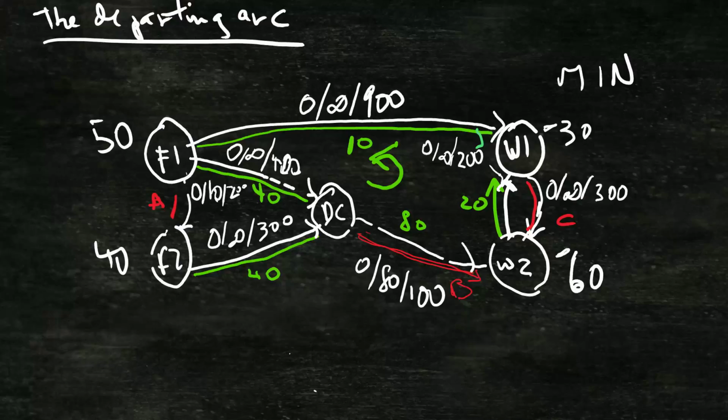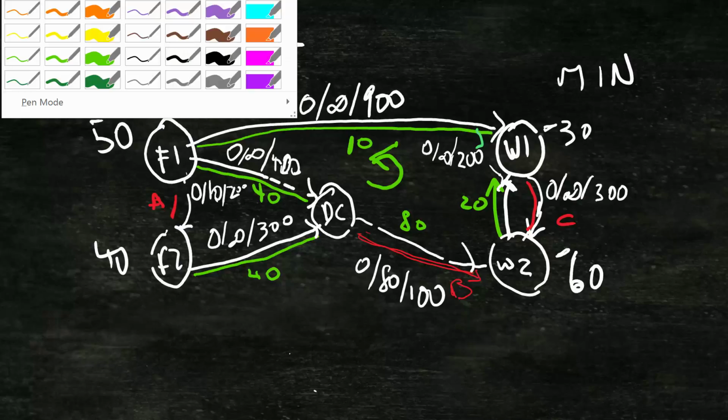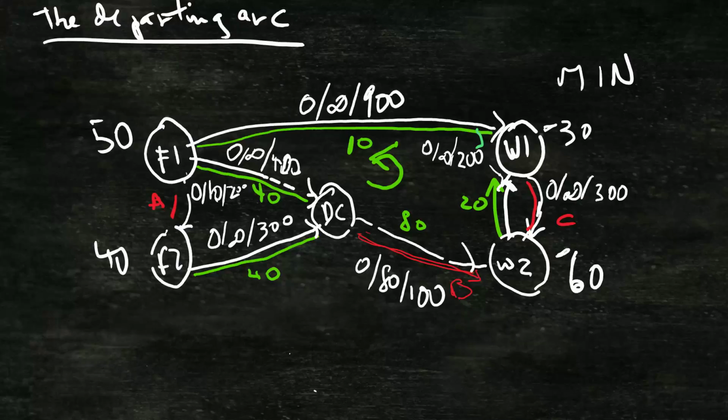So what we have determined is that, going back to our plain colors, DC W2 departs and becomes a non-basic arc at its upper limit.